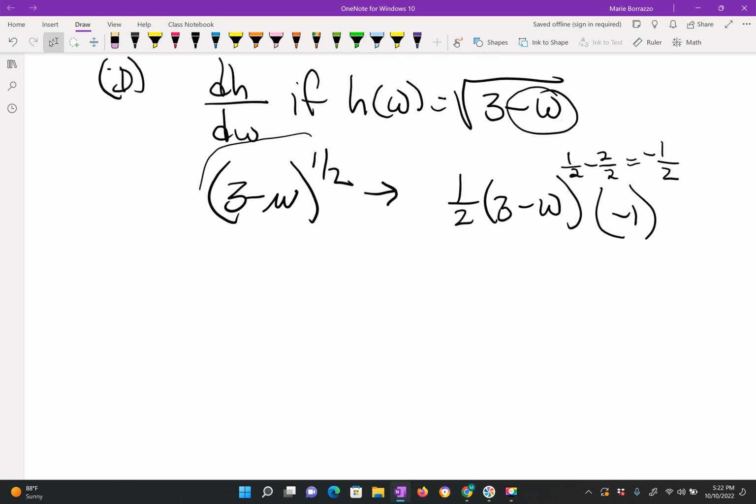So what can I do now, because I've got a -1/2 here? How can I fix that? I can do 1 over 2, parentheses 3 minus w, raised to the 1/2 power.